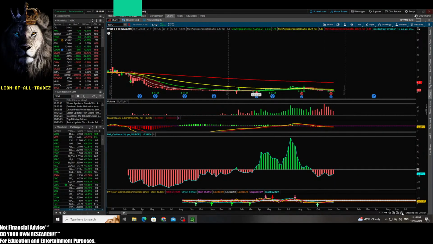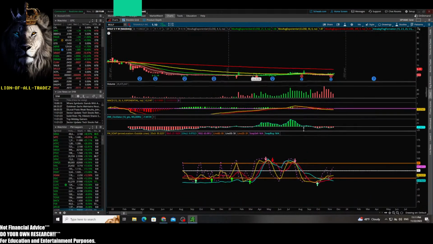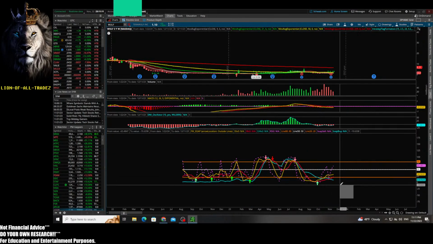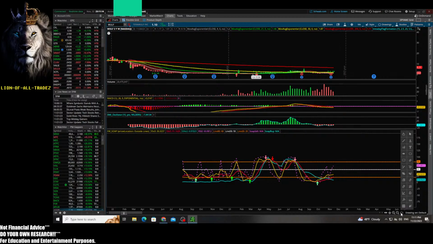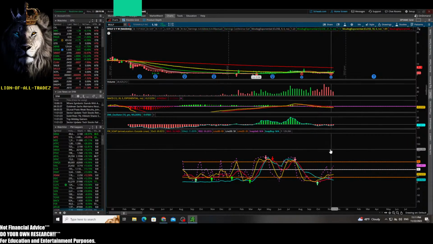It's like a little double bottom here, right in the highlighted area. So this is a good trend here. In my opinion, this takes the cake if it actually continues. I like that. Yeah, I like that a lot. It's good stuff.